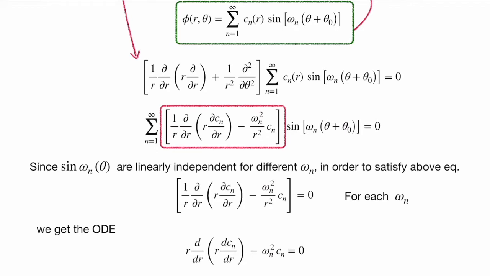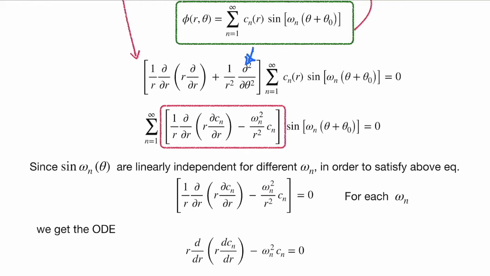Sine is an eigenfunction for this operator, so it just comes out as it is with the eigenvalue omega n square. The r term remains the same, so the resulting differential equation is 1 by r d by dr of r into dcn by dr, minus omega n square by r square cn, times sine of omega n theta plus theta naught. Here we have assumed that cn is a function of r, and hence we get a differential equation in terms of cn of r.